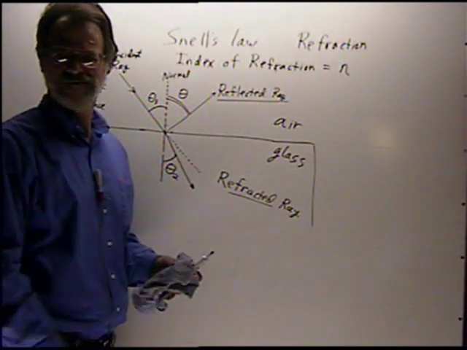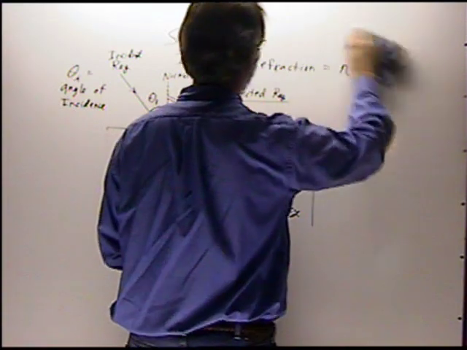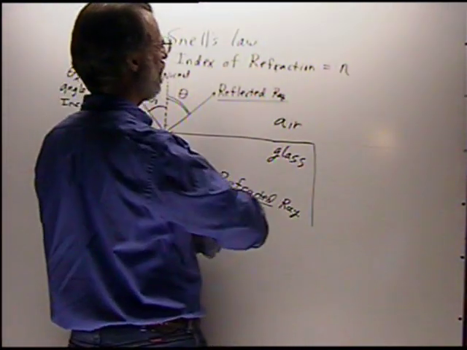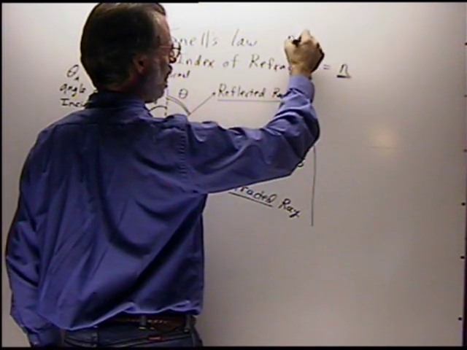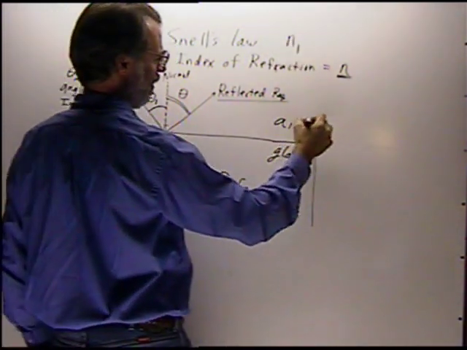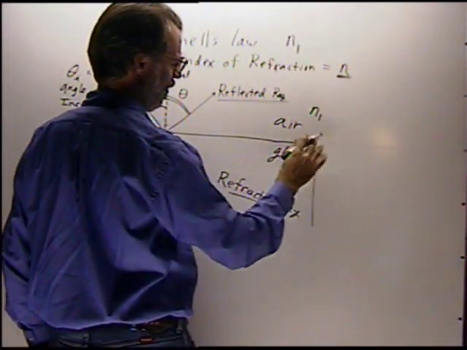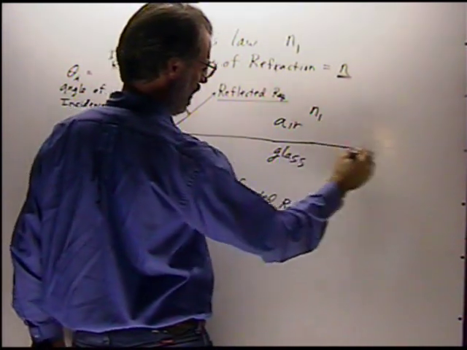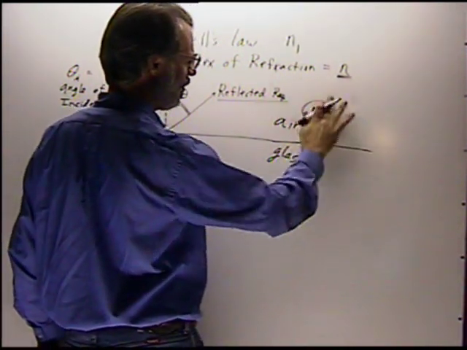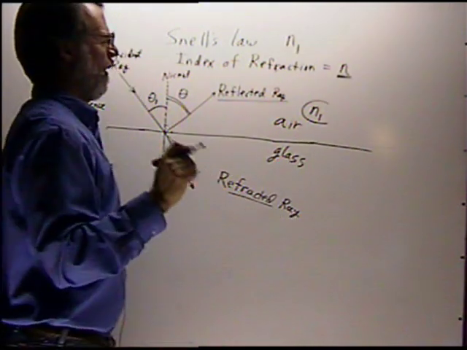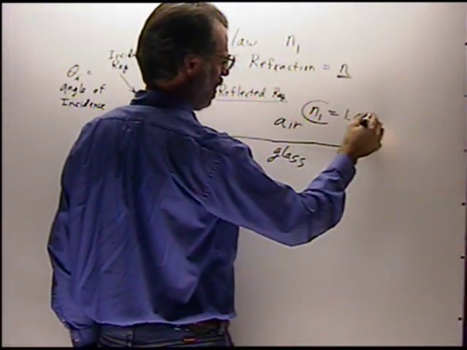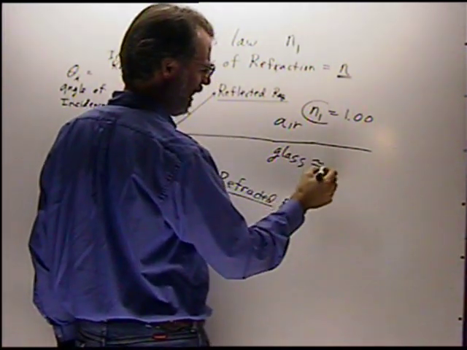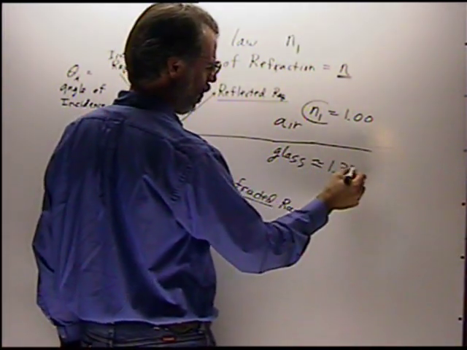Snell's law says that the index of refraction, what we have with the air, let me say this. The air has an index of refraction of 1. Okay, glass typically has an index of refraction of 1.33.